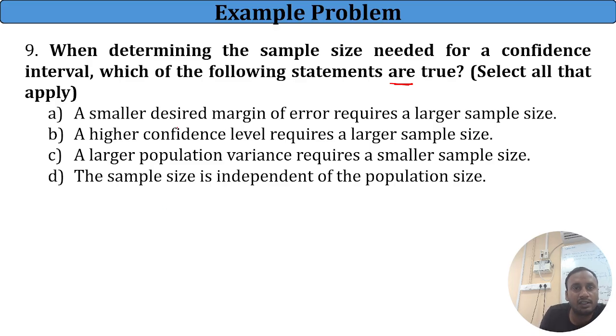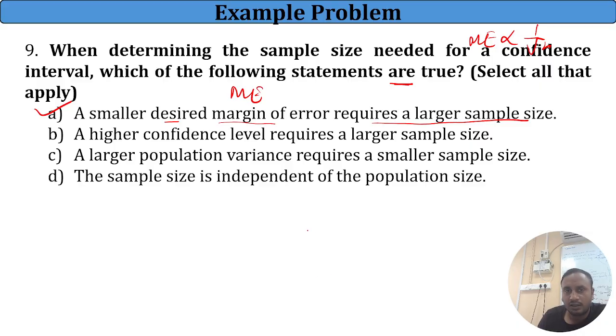A small desired margin of error requires a larger sample size. We know margin of error is inversely proportional to root n, so it's correct. Yes, sir. A higher confidence level requires a larger sample size. It's also true.